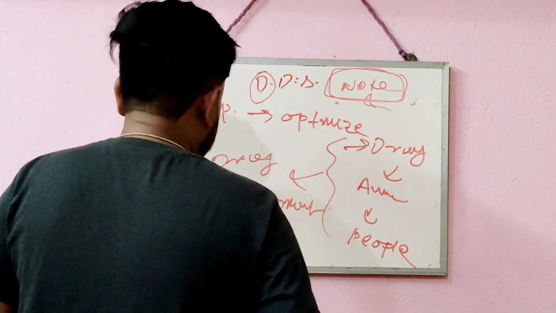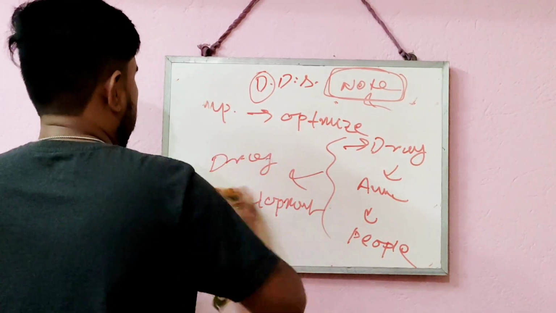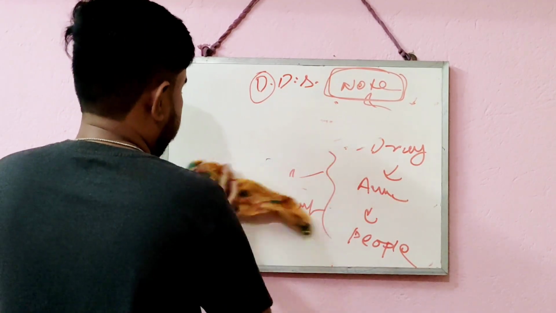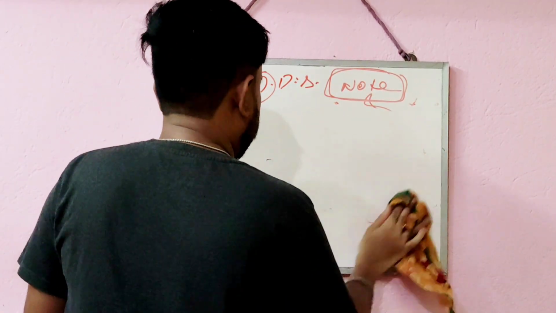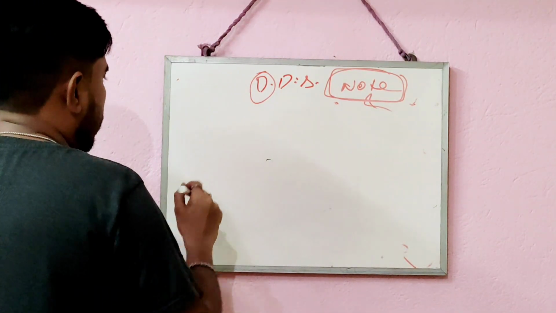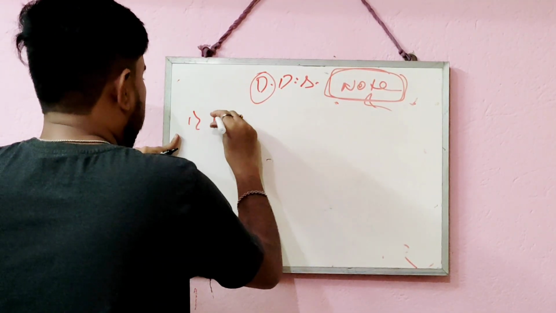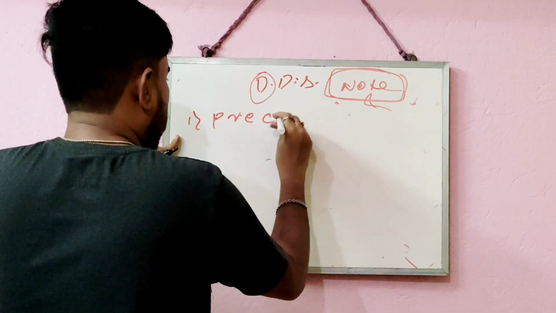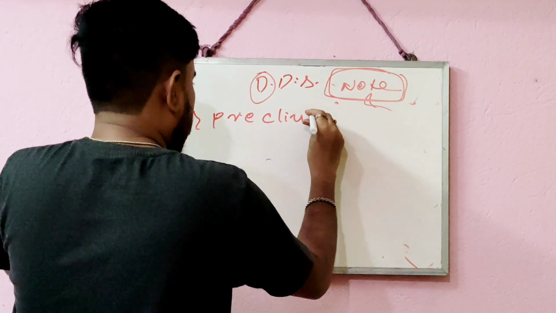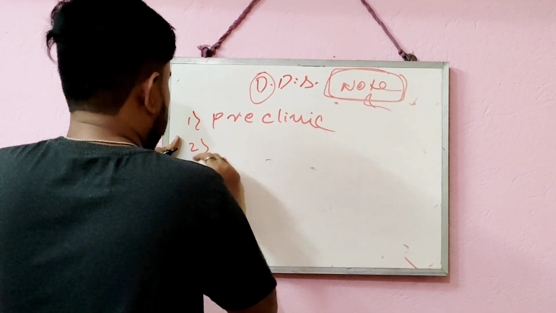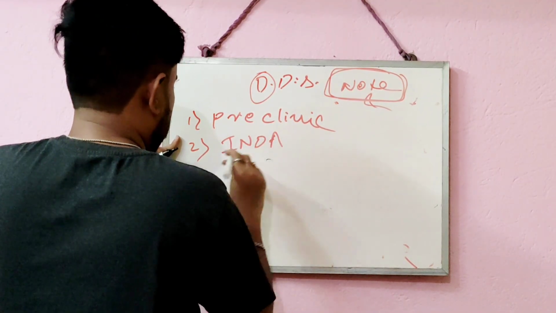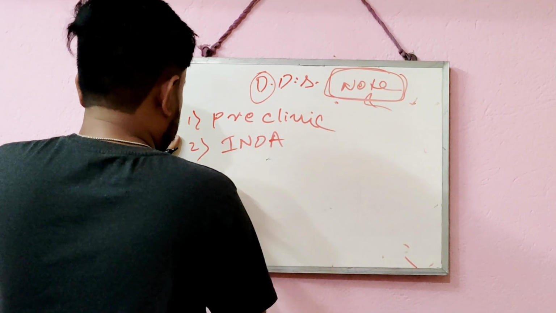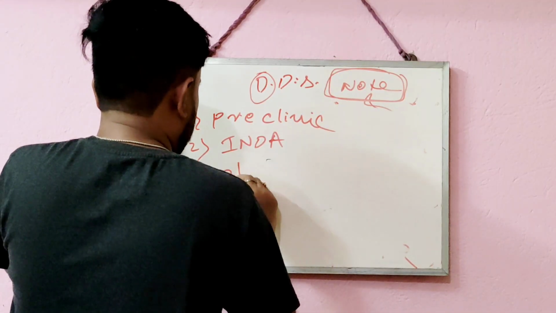So we now have to study the different steps involved in drug development. The steps of drug development: the first step is pre-clinical trials. Second is investigational new drug application. Third is clinical trials.